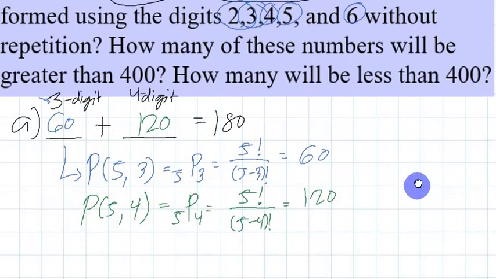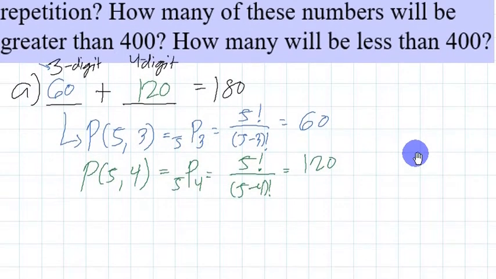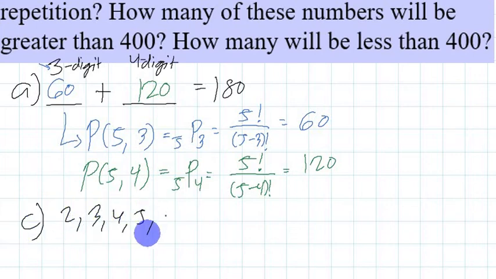Now, how many of those numbers will be greater than 400? We have the numbers 2, 3, 4, 5, 6. If we're going to form 3-digit and 4-digit numbers, how many of them would be greater than 400?